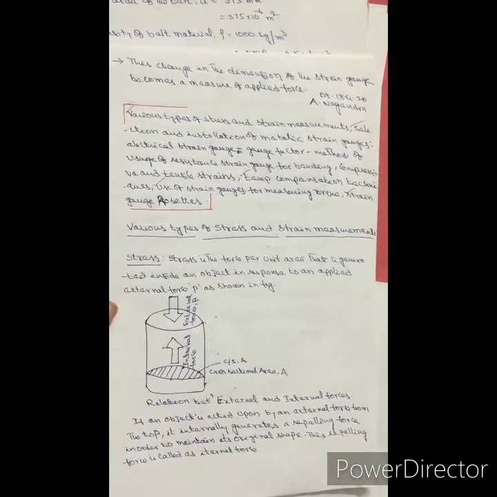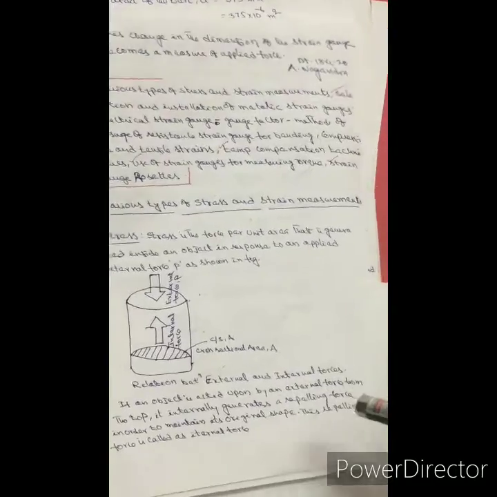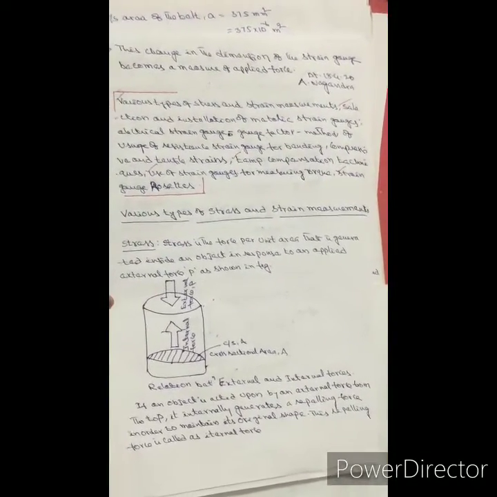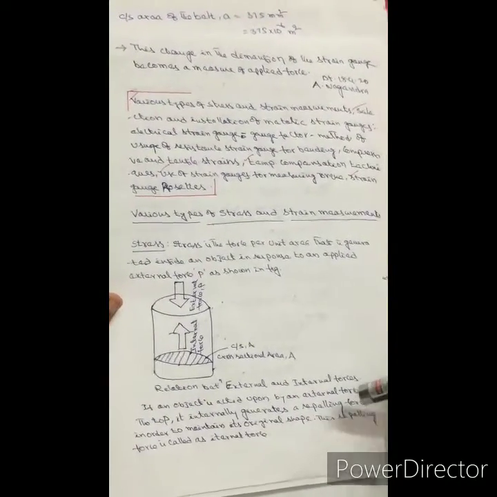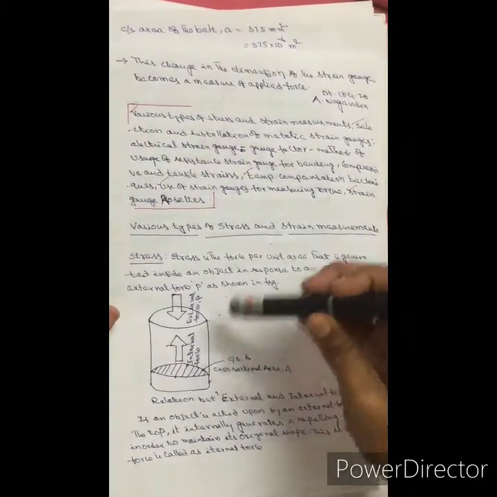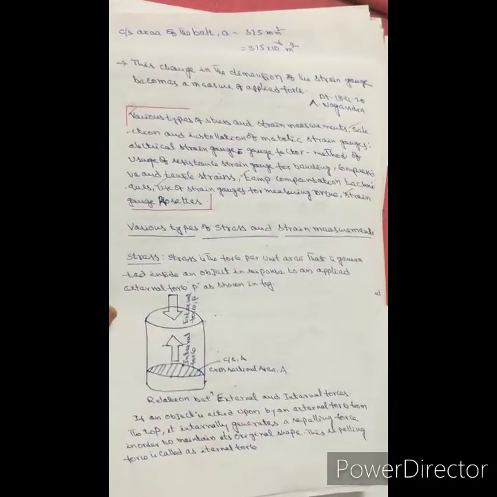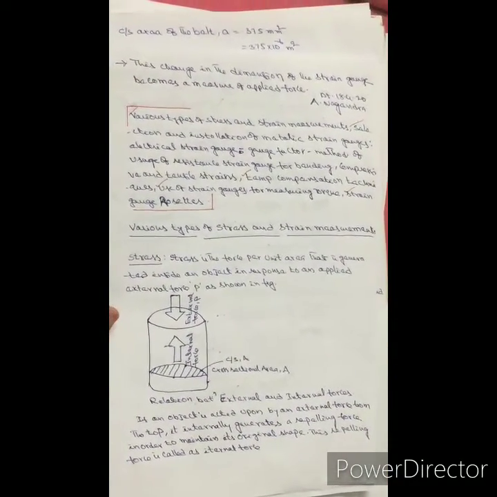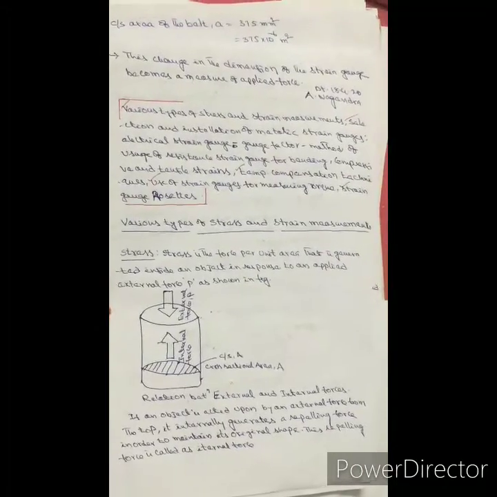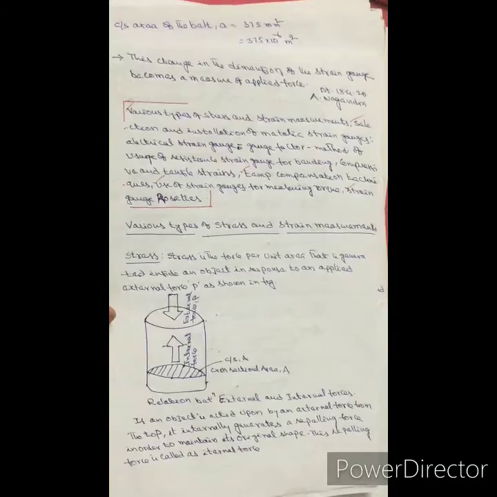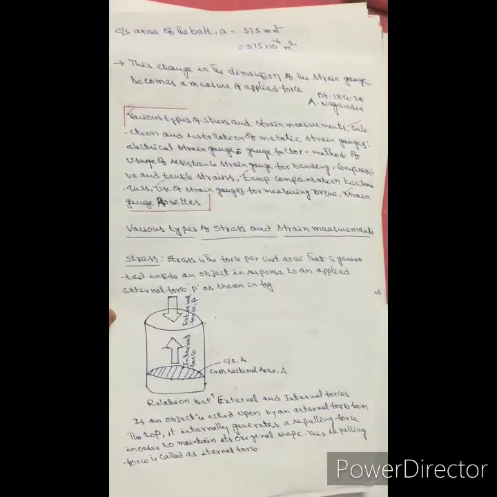When the object is acted upon by an external force from the top, an internal force is generated inside, which we call the repelling force or restoring force. It is generated internally in order to maintain the original shape.